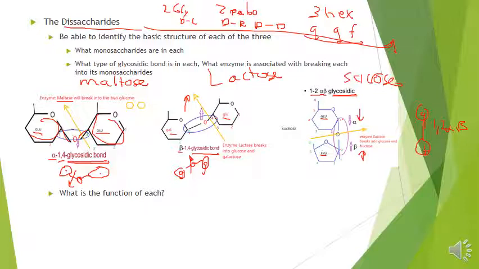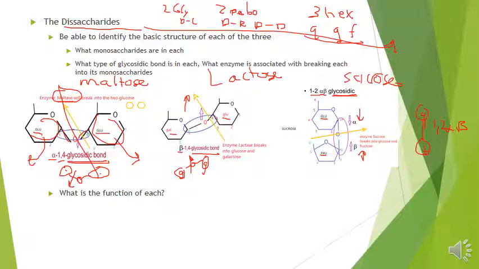Now, when we eat maltose, our bodies break it down into the 2 glucoses. There's an enzyme that will break that bond right there, and then it'll release the glucose so that we can use it in cellular respiration.